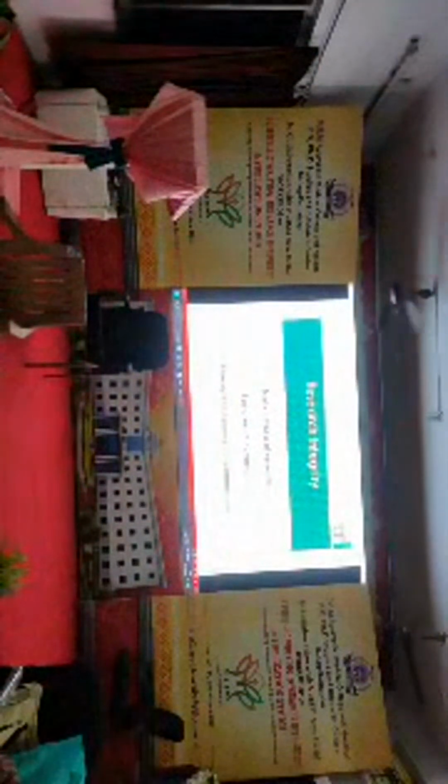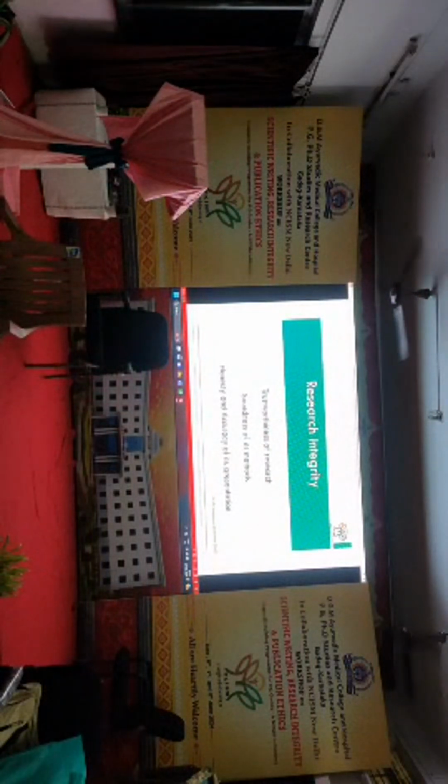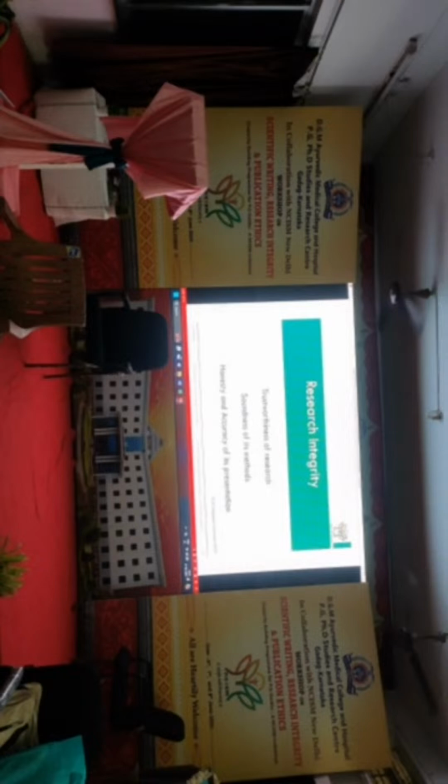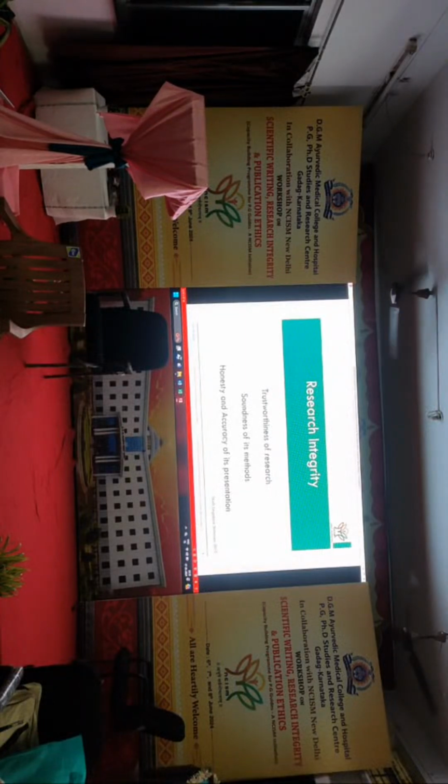Trustworthiness of your published article, trustworthiness of your research project, trustworthiness of your conclusion of the research project, trustworthiness of your results which are derived from your data, trustworthiness of your dissertation, etc. Soundness of the method and honesty and accuracy of the interpretation of data.